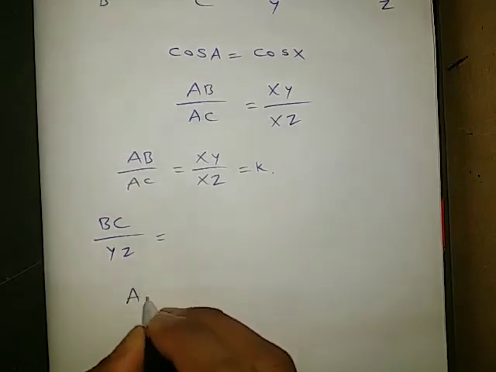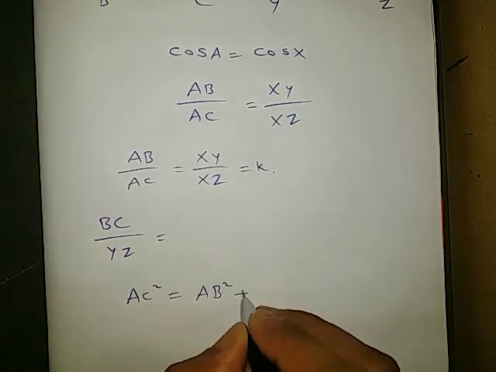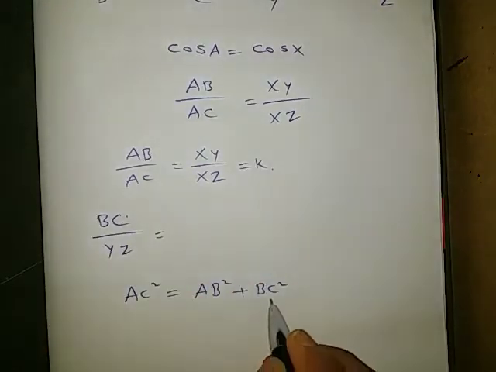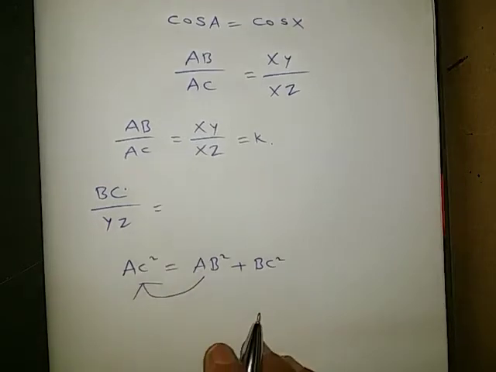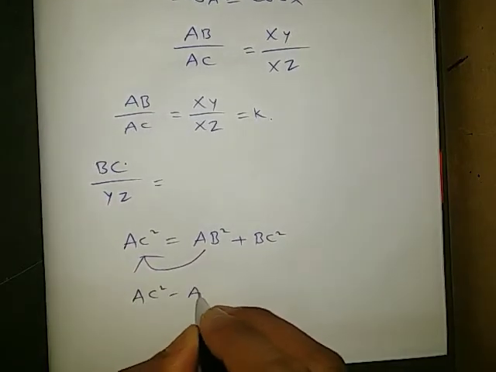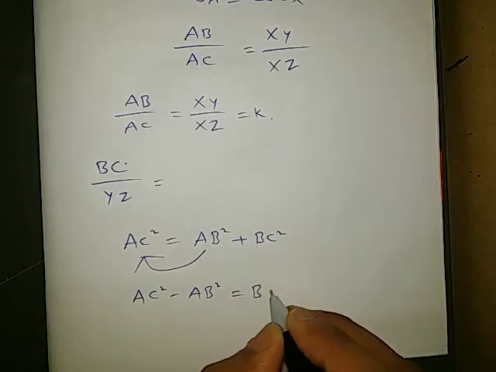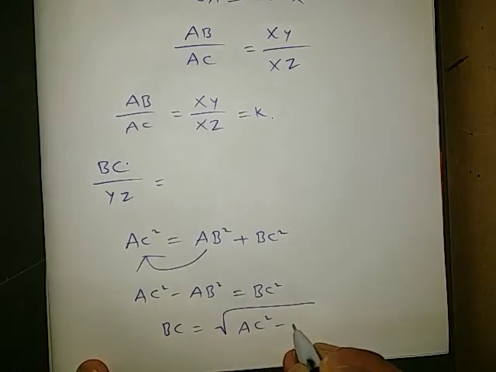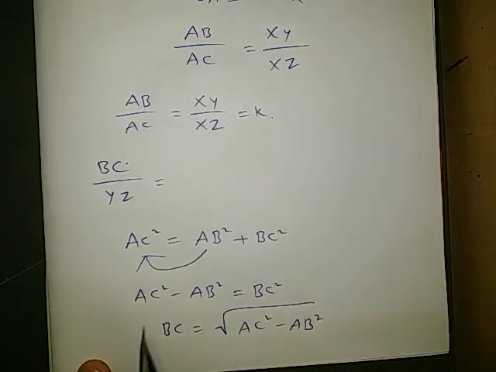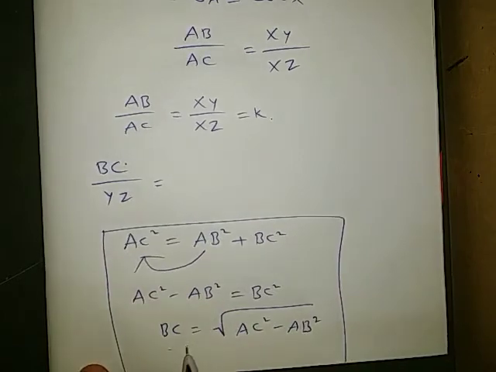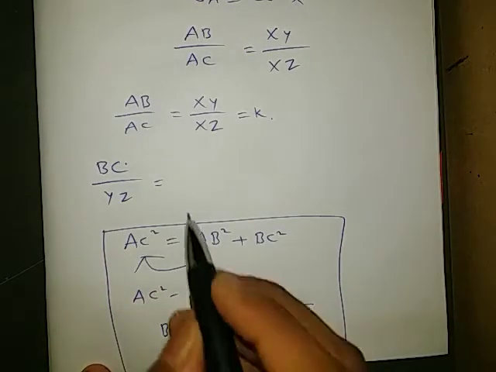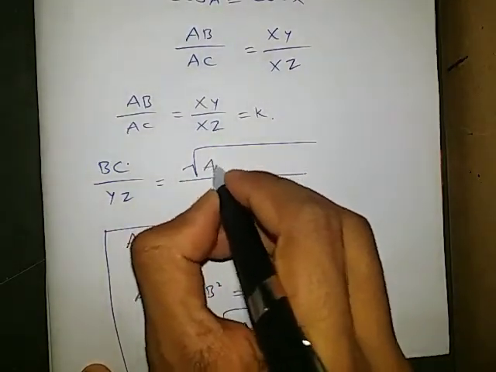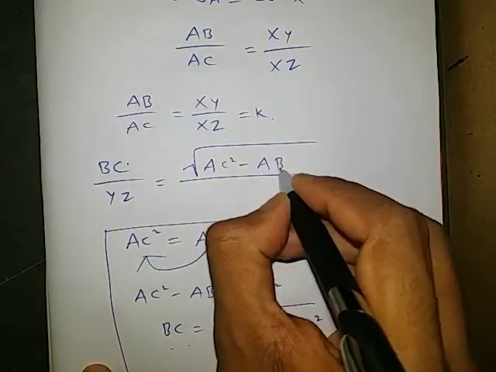We want BC, so let us bring AB square to this side: AC square minus AB square is equal to BC square. Then BC will become under root AC square minus AB square.